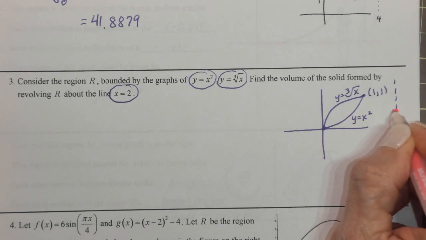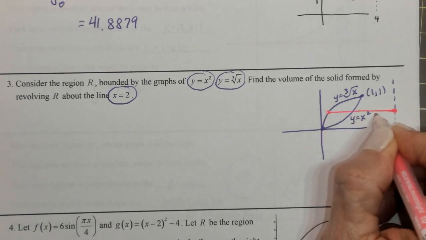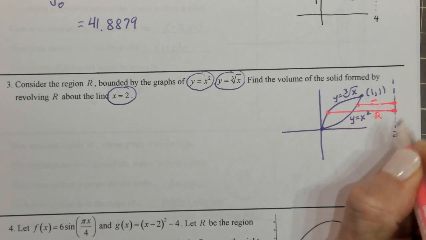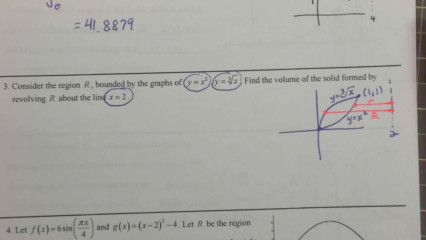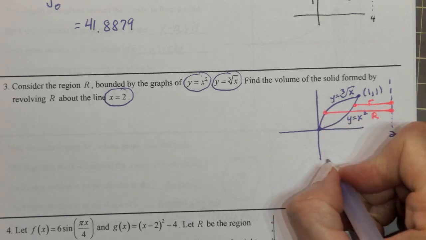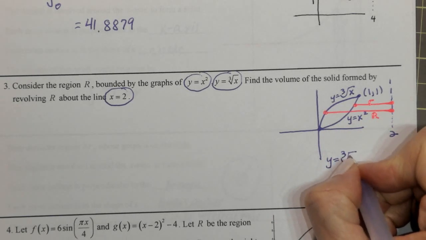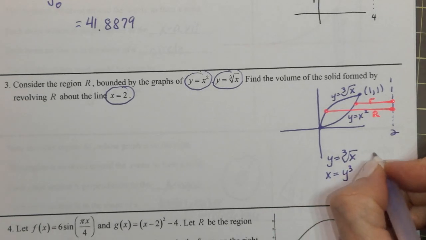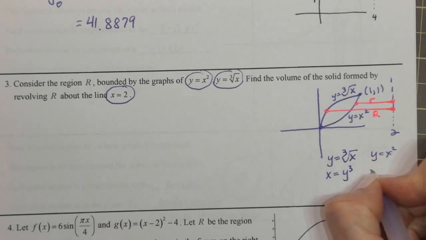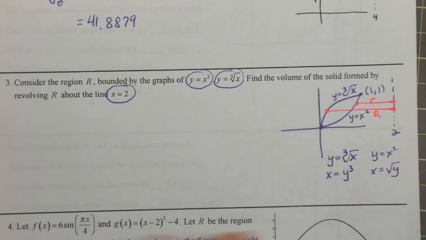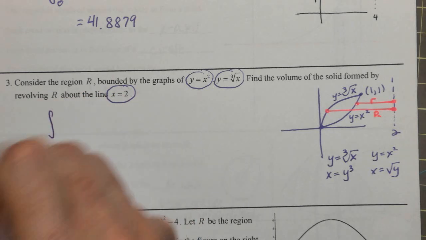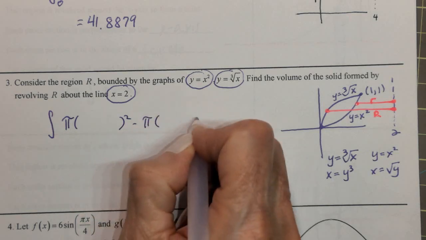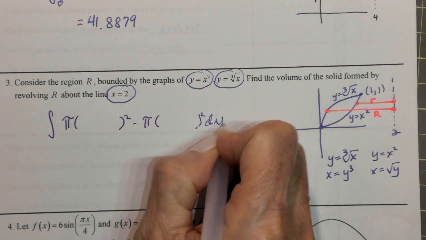From the axis of revolution to the far side of our region is big R. From the axis of revolution to the close side of our region is little r. We're going right minus left, so instead of y equals, we need x equals on both of these. For the volume, pi times big R squared minus pi times little r squared, dy.